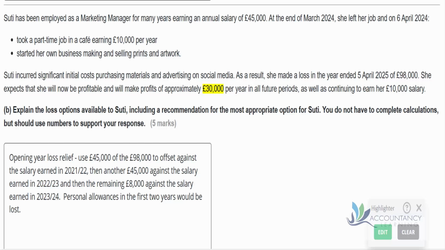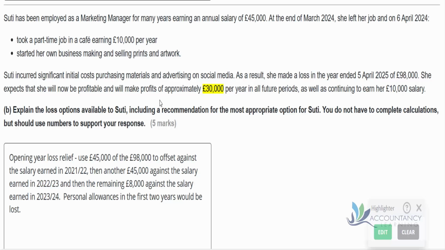We'd wipe out the 45,000 salary earned 3 years ago, and then we use another 45,000 to wipe out the salary earned 2 years ago. Then we've only got 8,000 left of the 98,000 losses, so we could use that against the salary earned last year. Personal allowances for the first 2 years would be wiped out, but we'd still have personal allowances for last year's salary.